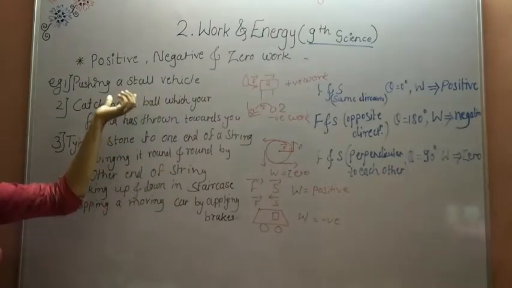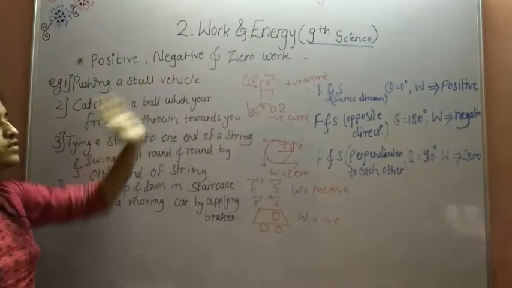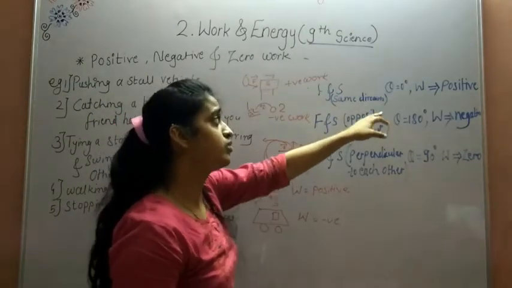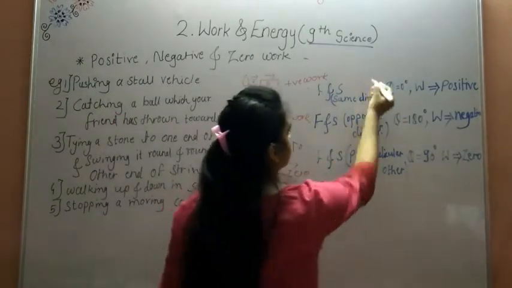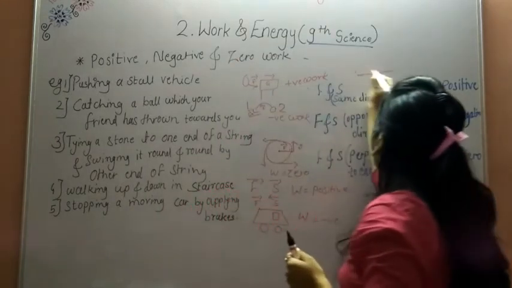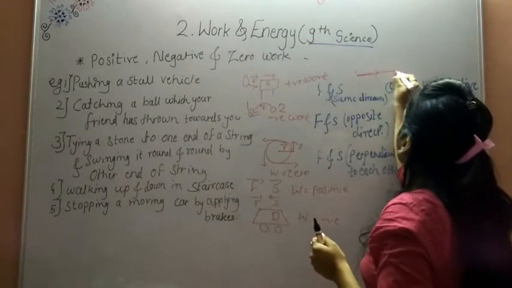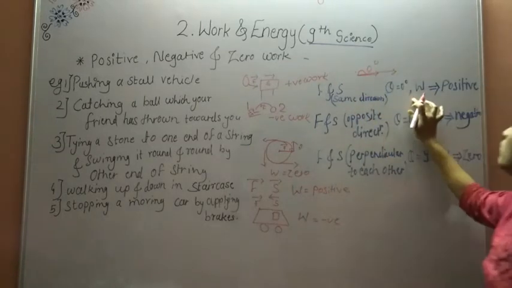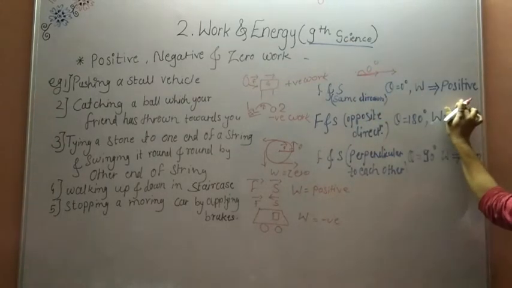I hope you understand this positive, negative and zero work. These are the three conditions. When force and displacement are in the same direction, theta is 0 degrees, so work done is positive.